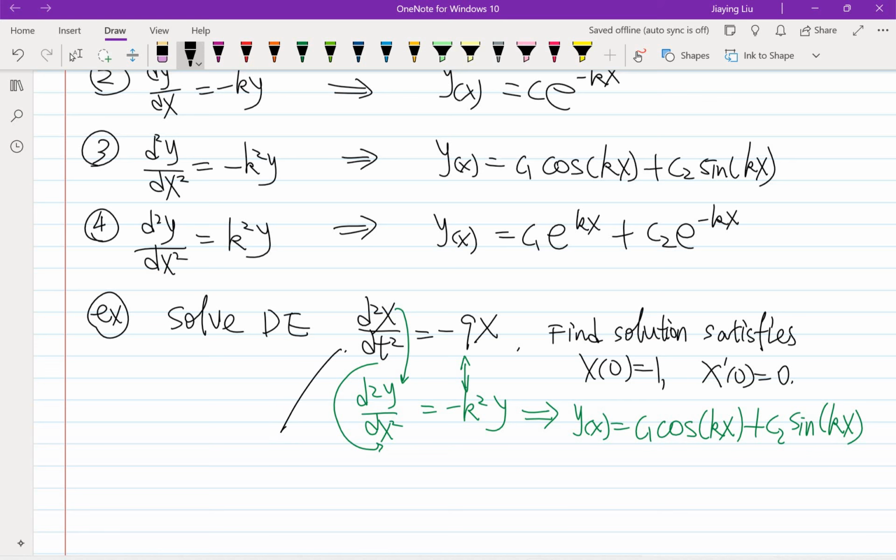So the answer to that differential equation, by following the existing differential equation, instead of y of x, the y here is what this x is, the x here is what that t is, right? So that would be x of t.